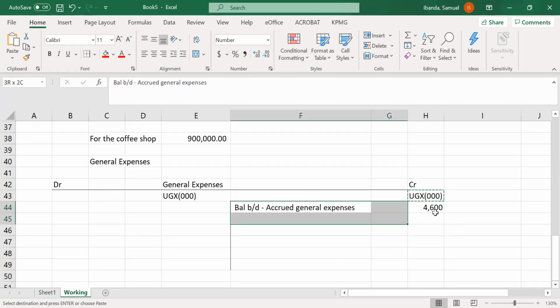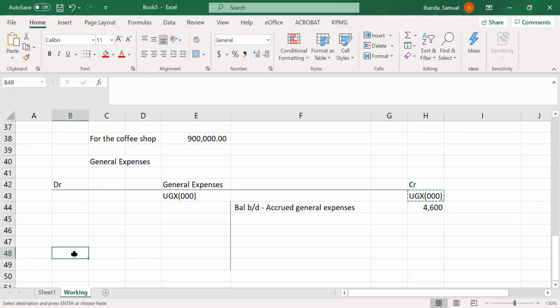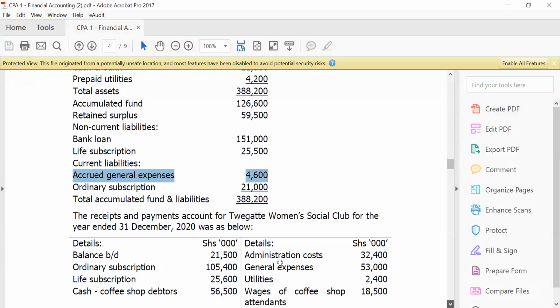So as I record my balance brought down here, the balance carried down will be on this side, on the debit side, on the opposite side. So what is my balance that is carried down? I go to my statement. I go down.